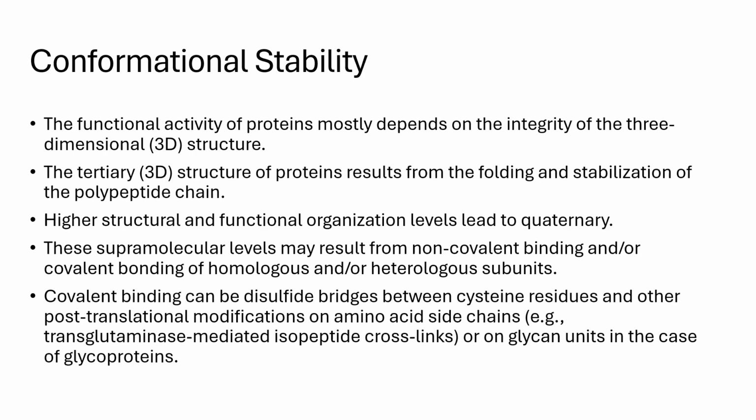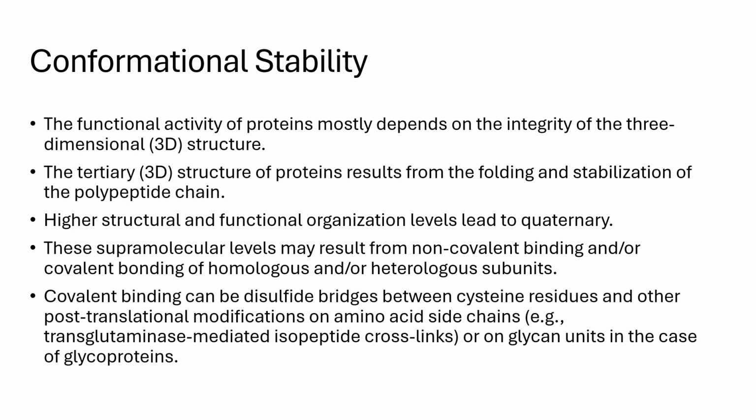Conformational stability. The functional stability of proteins mostly depends on the integrity of the three-dimensional structure. The tertiary 3D structure of proteins results from folding and stabilization of the polypeptide chain. Higher structural and functional organization levels lead to quaternary structure. These supramolecular levels may result from non-covalent binding and/or covalent bonding of homologous and/or heterologous subunits, right?